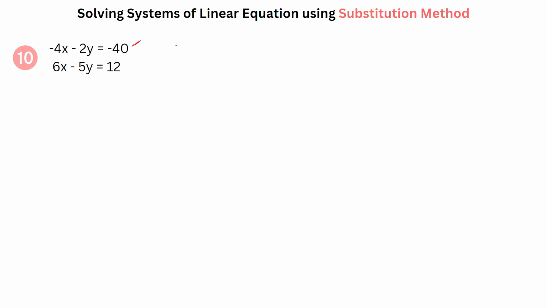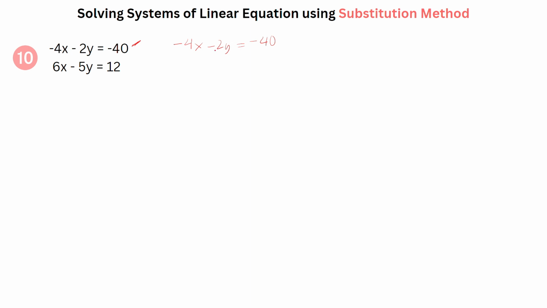So we have here negative 4x minus 2y is equal to negative 40. So which one is easier to separate? My suggestion would be, if there are two with coefficients, just select the one with the smaller coefficient. So it's 2y. So let's separate the y.